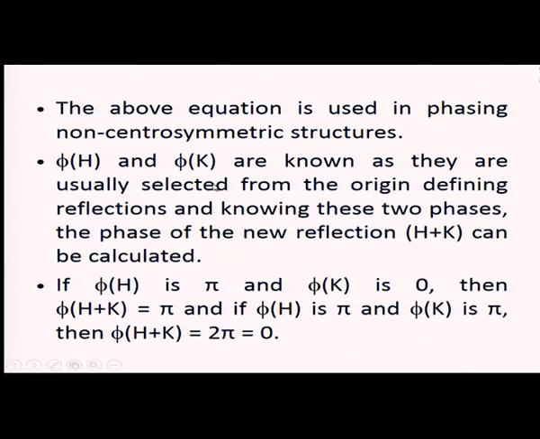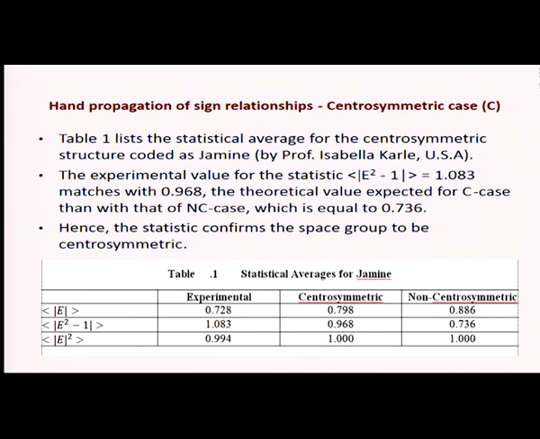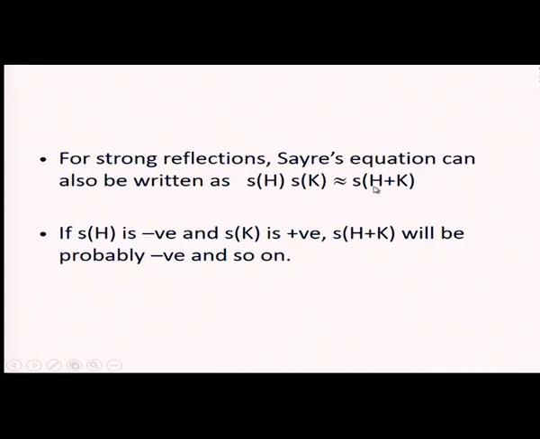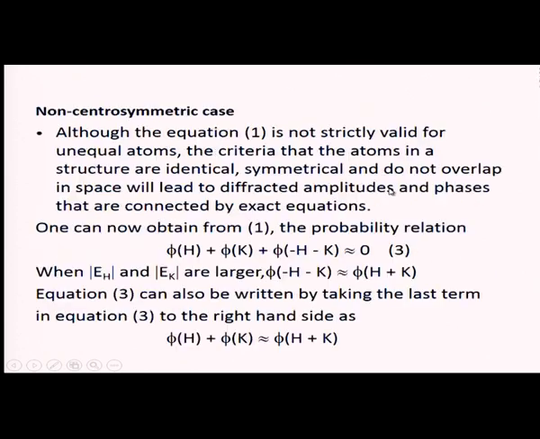So, the above equation is used. So, in Sayre's equation, we are given two equations, one is for the centrosymmetric, namely sign of h multiplied by sign of k equals sign of h plus k. Knowing the signs of two reflections, multiply the signs to get the new sign for the new reflection h plus k.